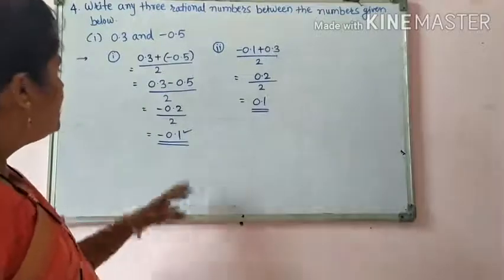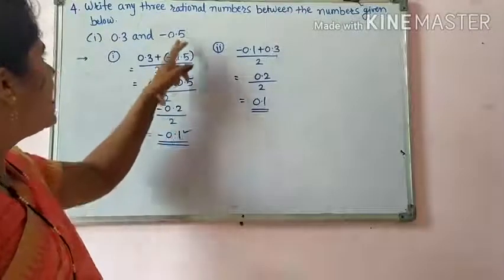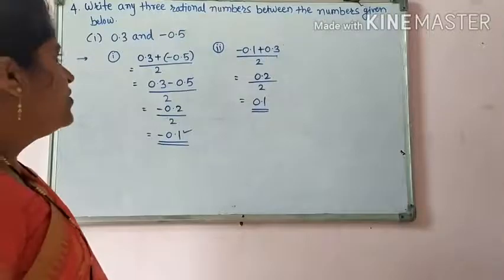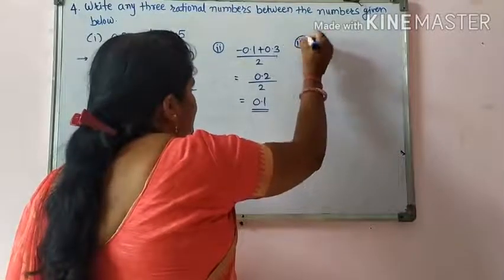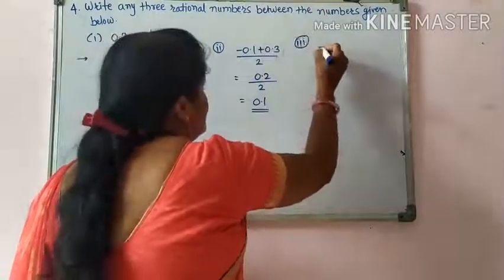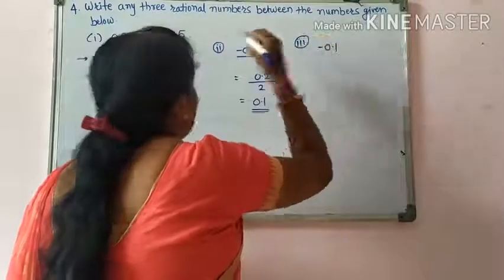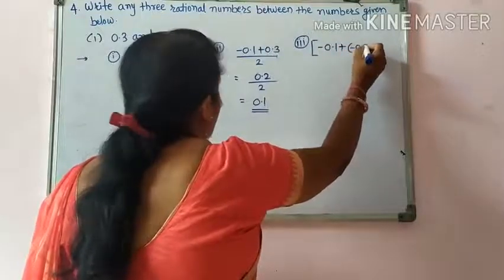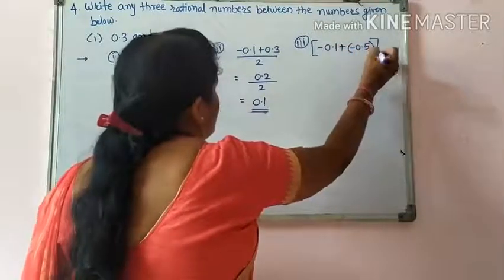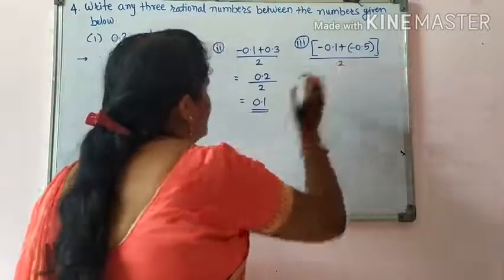आता आपण काय करू? ह्या minus 0.1 आणि minus 0.5 ह्या दोन्हीच्या मधला रॅशनल नंबर शोधू. So third rational number: minus 0.1 plus minus of 0.5 divided by 2.